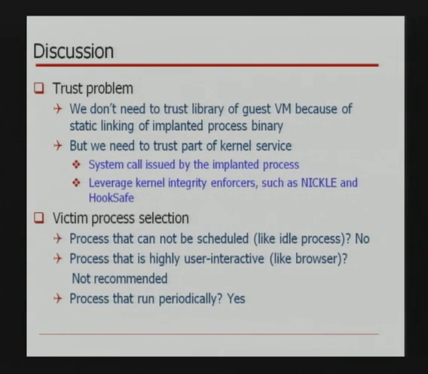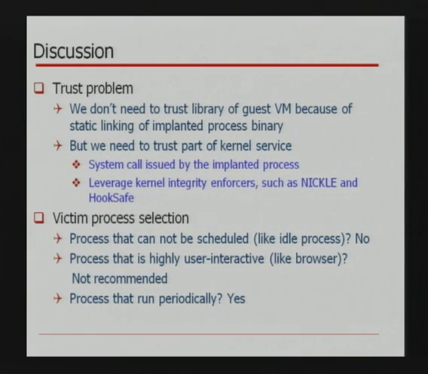And what is the choice for the victim process? Not all processes can be chosen as a victim process. If a process cannot be scheduled, we will not choose it. For example, the idle process, because it will not be scheduled, and there's no chance for us to select it as a victim process.